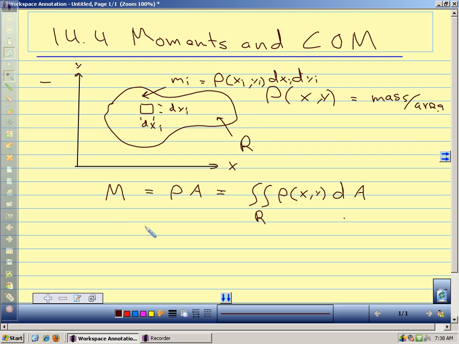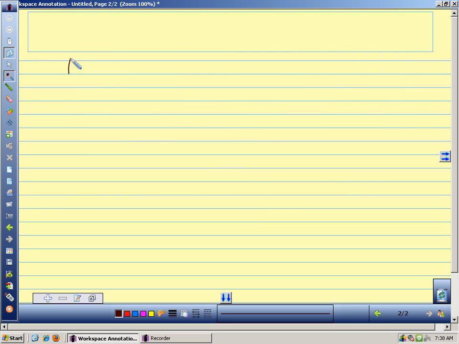So we'll do some examples in a little bit, and we need to use our mass when we find our moments as well. So our mass is just a double integral. We're integrating the density function over our region. So our moments. To do moments with single integrals, we had to make a lot of assumptions.